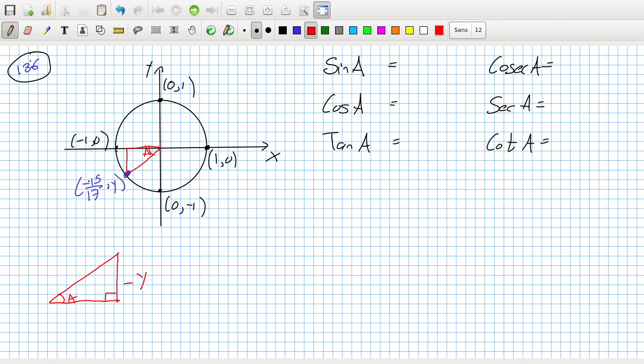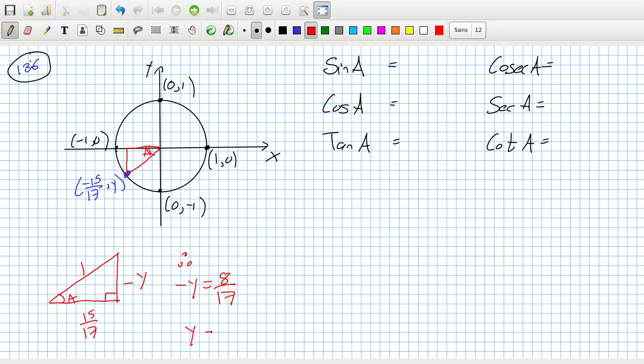And this side here, its length would be 15 over 17. And this length would be 1. Therefore, from Pythagoras, minus y would equal 8 over 17.